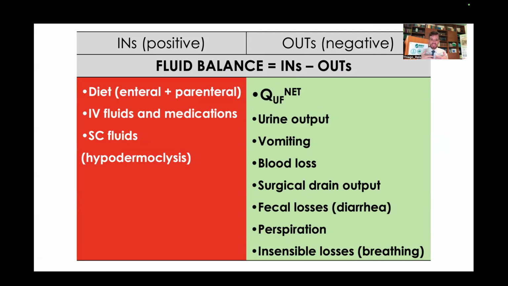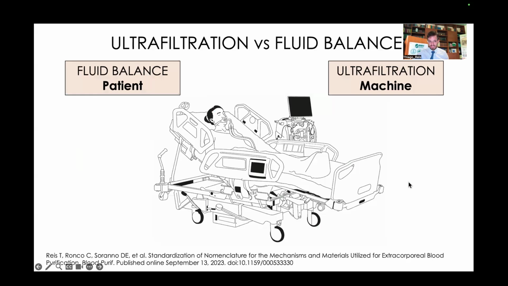What the patient receives are ins: diet, IV fluids, and subcutaneous fluids, for example. And what gets out of the patient? Net ultrafiltration, the amount of fluid the machine is removing from the patient, urinary output, vomiting, blood losses, surgical drain output, fecal losses, perspiration, and also insensible losses due to, for example, breathing.